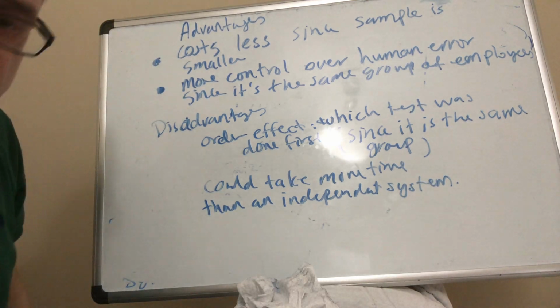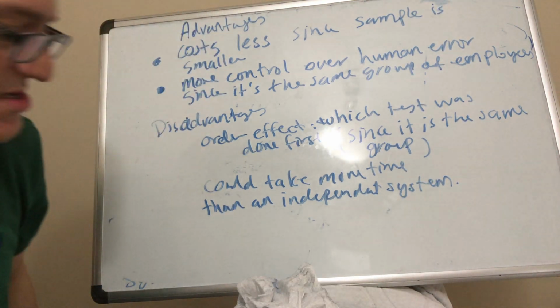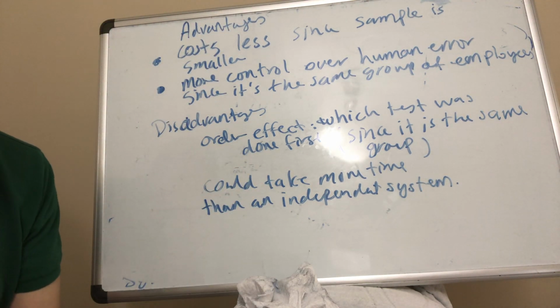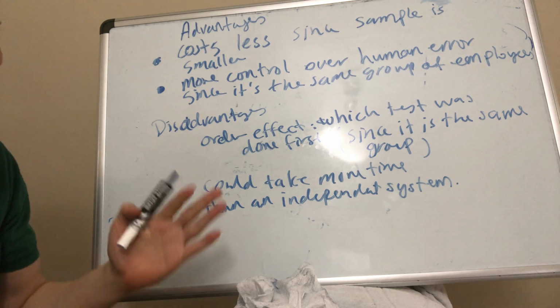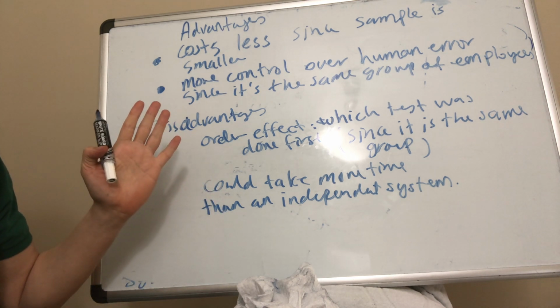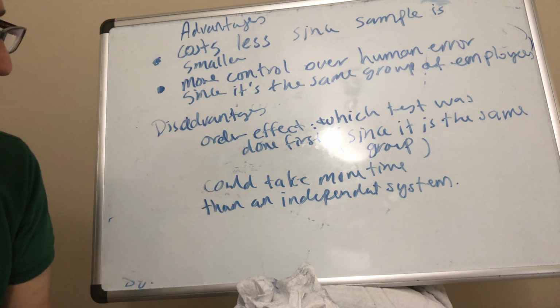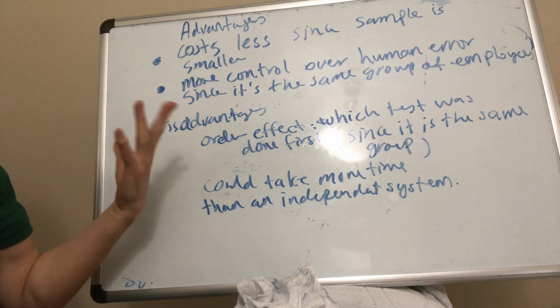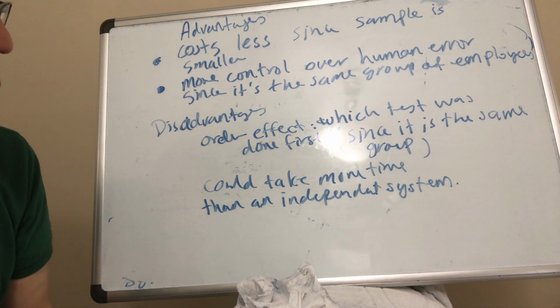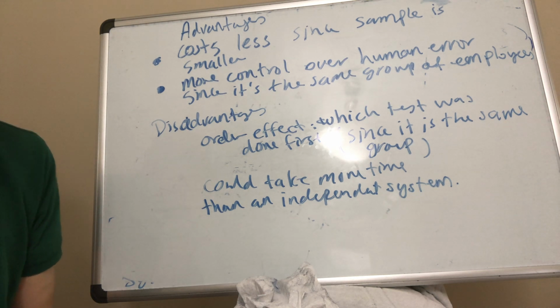Again, I'm going to provide in the Excel sheet the advantages and the disadvantages, but usually for a dependent system, the disadvantage would be the order effect and the time consumed. Advantages would be the fact that it costs less and more control over human error.